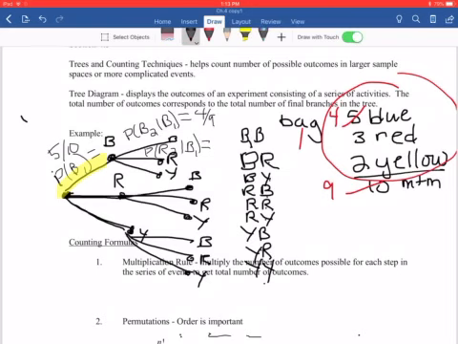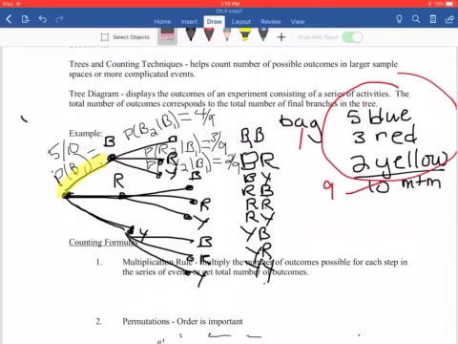So I have 3 now out of 9, because I'm just assuming I took that blue one out on the first draw, right? And we do the same thing for this next branch here. Probability of yellow on the second draw given blue on the first draw. Okay, now it would be 2 out of 9. Does that make sense?